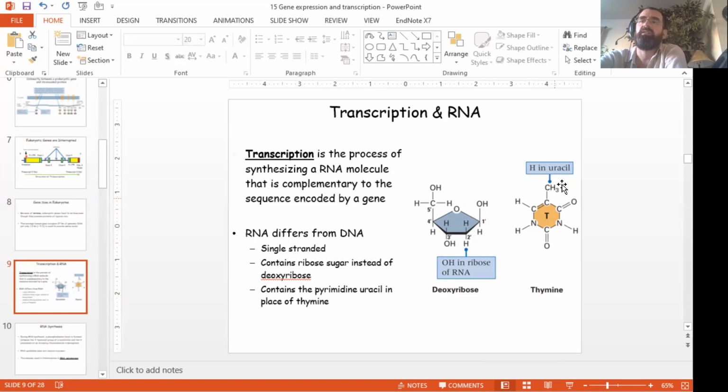They're largely the same apart from this difference here: this methyl group is changed to an H. And RNA is single-stranded, but doesn't have to stay single-stranded. RNA can actually form extraordinarily complex shapes, such as tRNA, which are important to its function. It's not just a long single ribbon of single-stranded RNA.